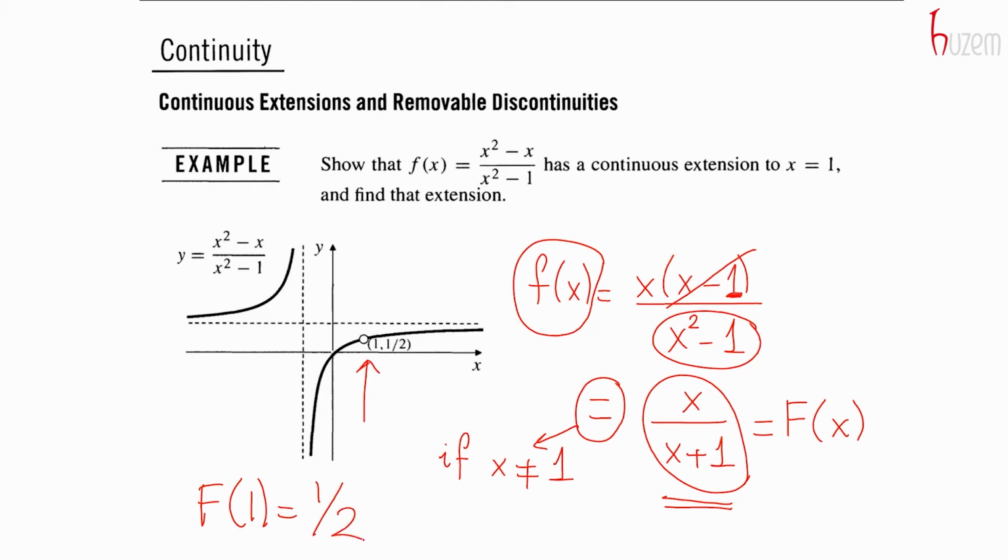And if we think about the graph of capital F, we see that this gap is filled with this dot so that we have a continuous function. So the new graph is the graph of capital F, which is continuous everywhere except at minus 1. So this is still not continuous at minus 1. Okay?